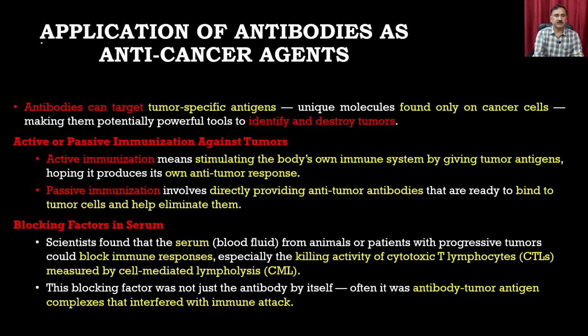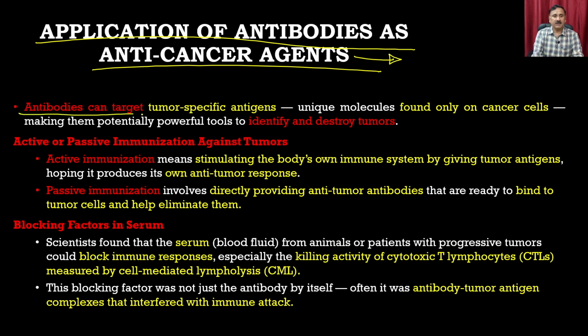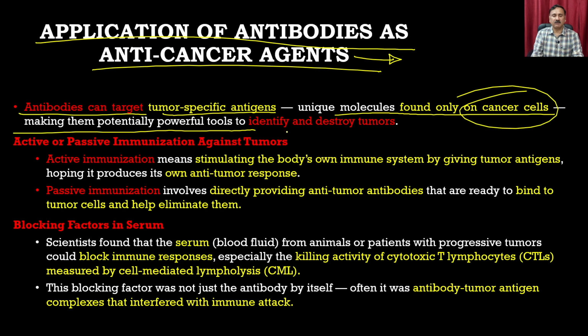Then we can also use antibodies as an anti-cancer agent. You can use the antibody for killing the cancer cells. Antibodies can target tumor-specific antigens, unique molecules found only on the cancer cells, making them a potentially powerful tool to identify and destroy the tumors, right?